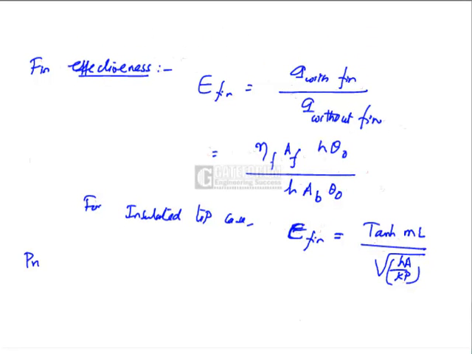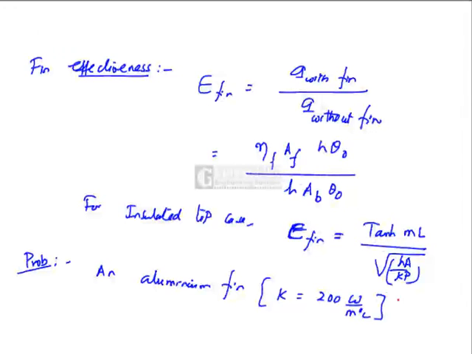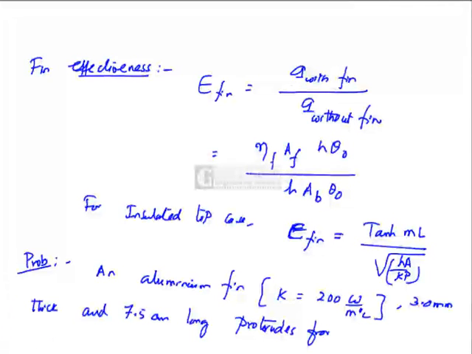Now I shall do a small problem on fin. The problem is given like this. An aluminium fin, thermal conductivity k equal to 200 watts per meter degree centigrade, 3 mm thick, and 7.5 centimeters long, protrudes from a wall.